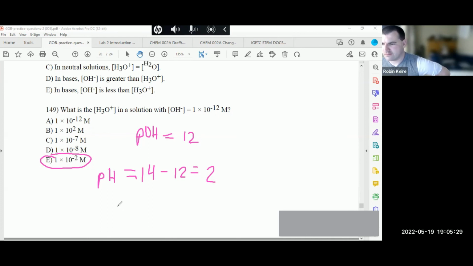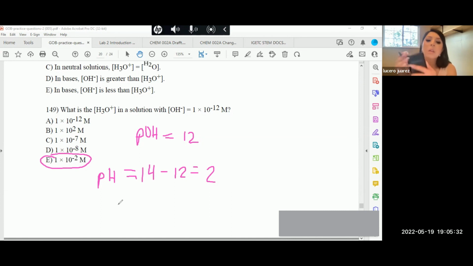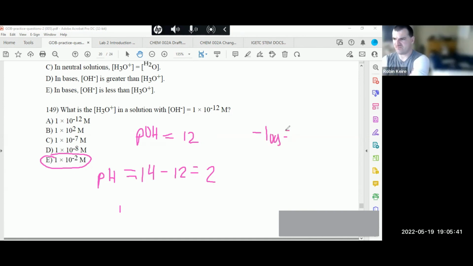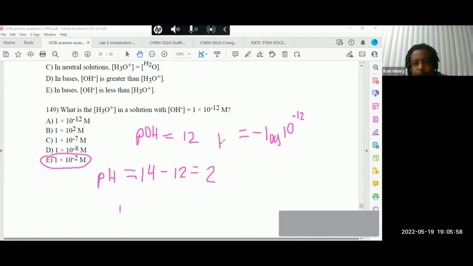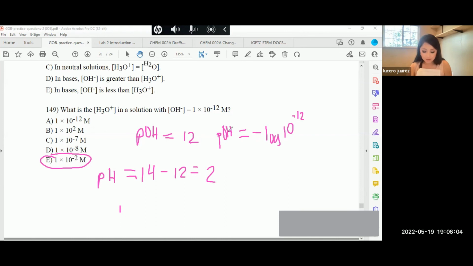So the log, we just put 10 to the negative 12 log. Yeah. I think in my calculator, I have to put it differently. You have to do yours differently, yeah, because I remember we were doing this the last time and we kept having troubles. I have to use 1, then EE.